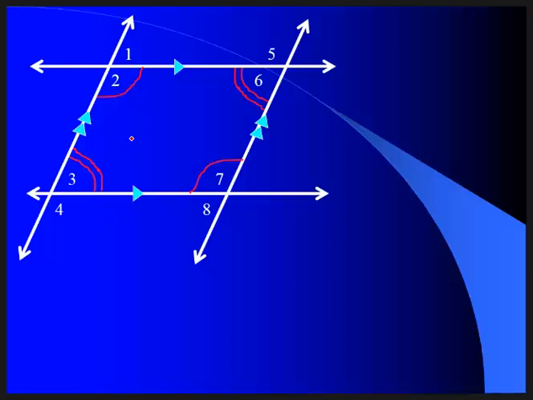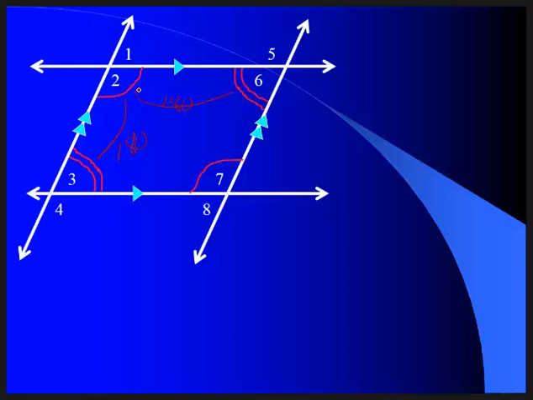You should remember that they were supplementary. So in this figure, these 2 angles are going to add up to 180, as are these 2 angles because they are consecutive in this direction. That means that angle 3 and angle 6 would be congruent to each other.